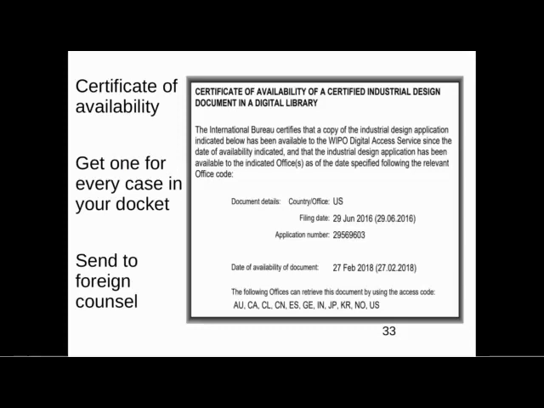But basically here, you want a so-called certificate of availability, and it will show how long it's been available. This one has been available since February of 2018. And then it shows which offices are capable of retrieving it. That is to say, which offices are accessing offices.